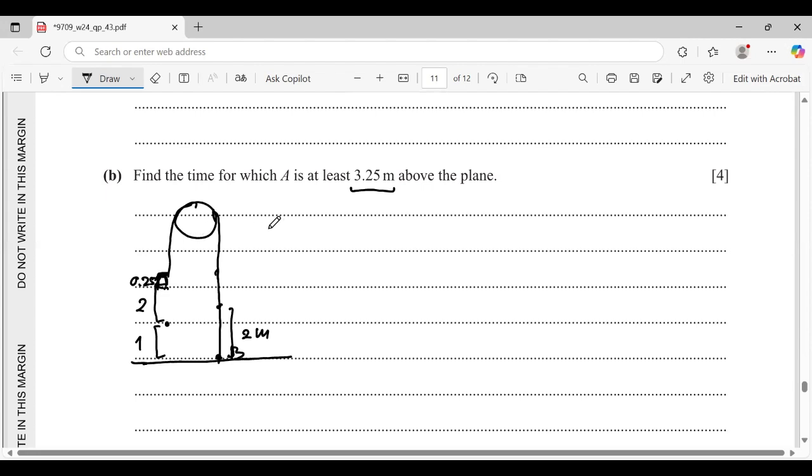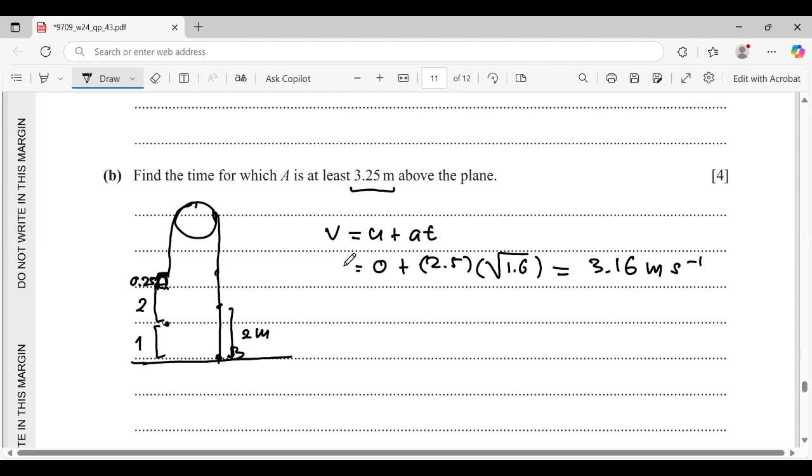So if we calculate, we need to first find the velocity of A from the initial position to the last position. I would like to use v equals u plus at. The initial velocity equals 0, and then this is 2.5 times the square root of 1.6, which is t. The result is 3.16 meters per second.